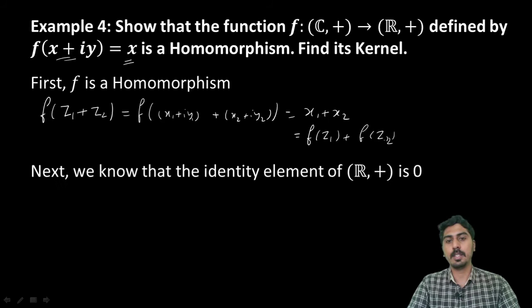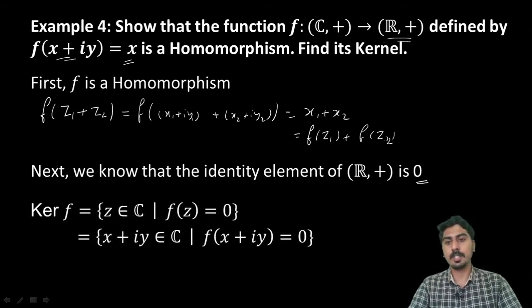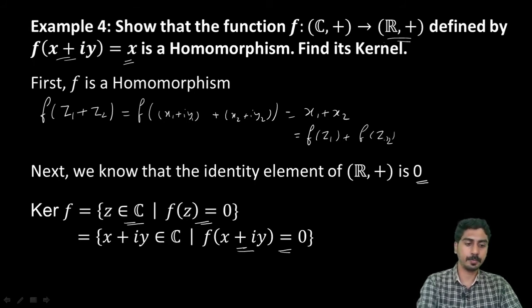Next, to find out the kernel, first we should know the identity element of codomain group. It is an additive group, so the identity element is 0. So the kernel is given by z, for which f of z is 0. Suppose z is equal to x plus iy, then f of x plus iy equal to 0. I need to find out all complex numbers x plus iy, for which f of x plus iy is equal to 0.